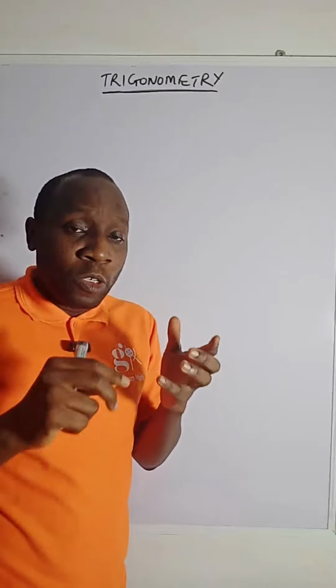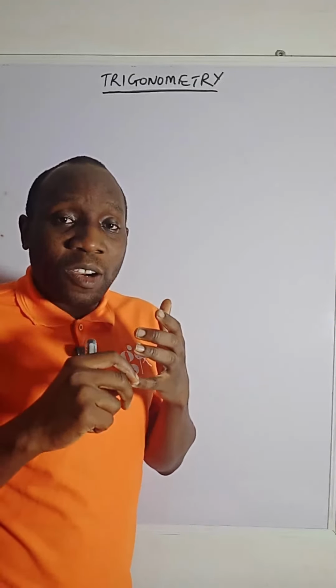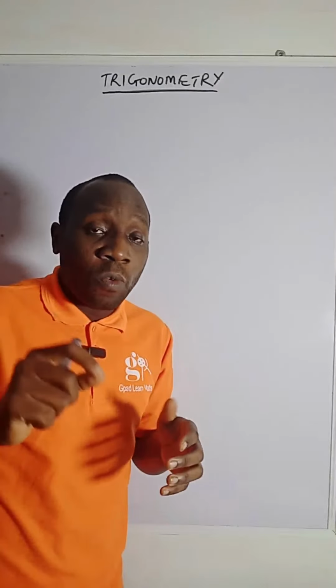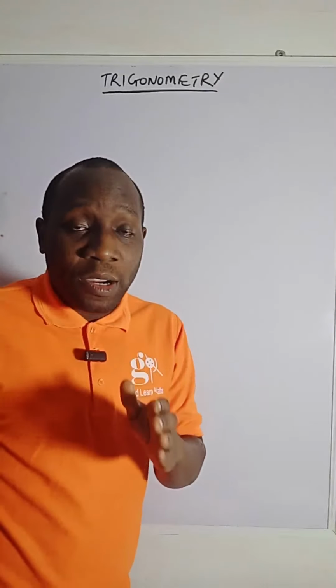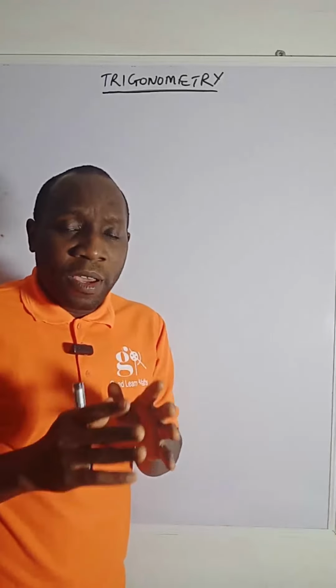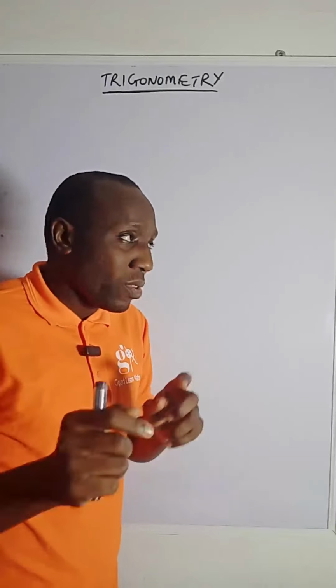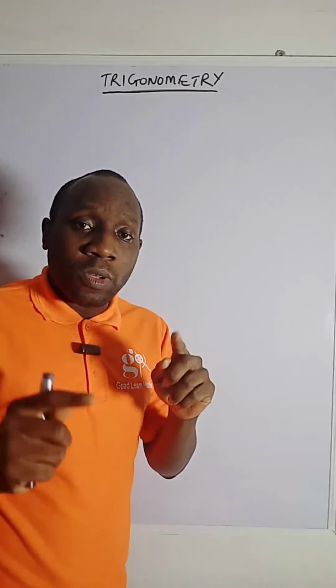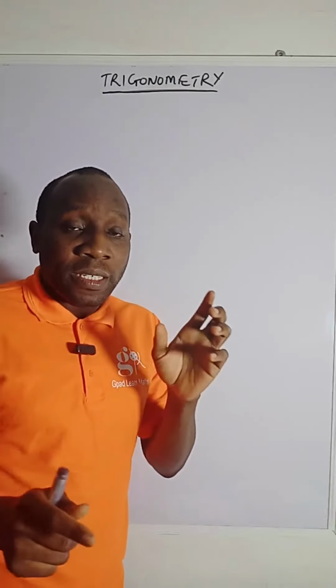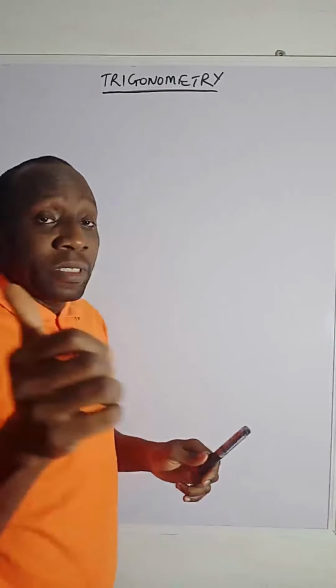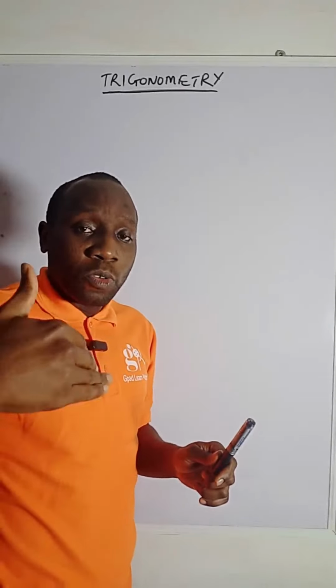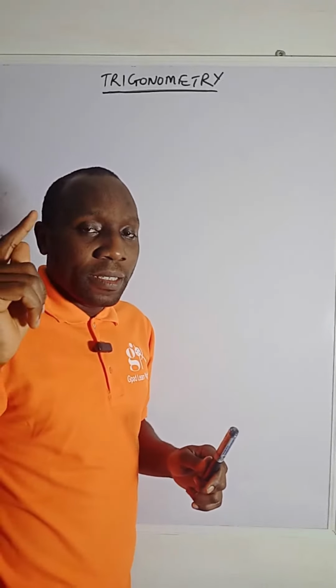But in this lesson, we'll be looking at the compound angle for tan, and that's not all. We'll also be looking at double angles. So it's going to be a great time for us to learn all these things together. So let me take your mind back to what tan a plus b is. There's a formula for it. I wrote it in the last lesson, but since we'll be doing examples on that, I'm going to write the formula again.